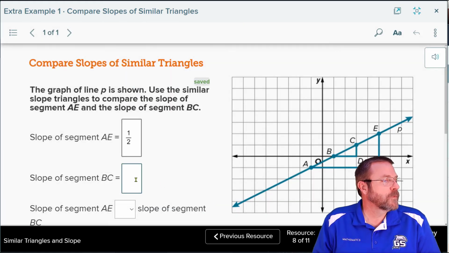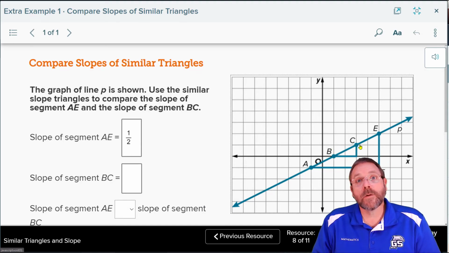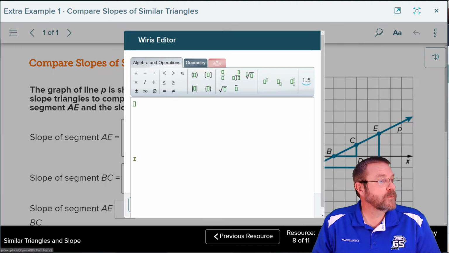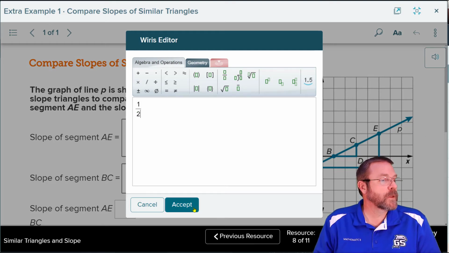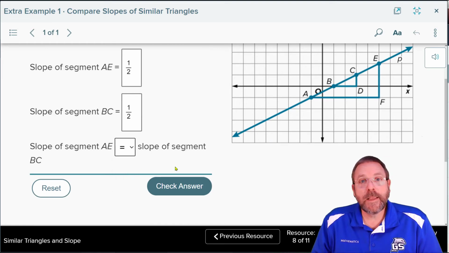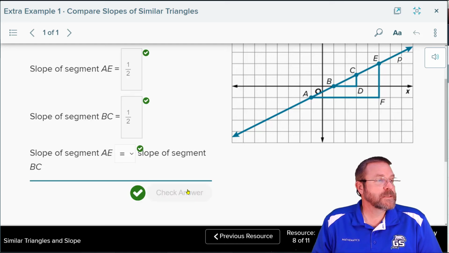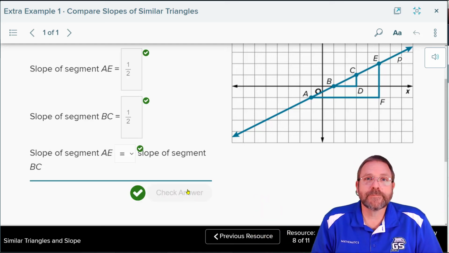The segment BC is going to be a rise of 1 and a run of 2, so you get the same slope of 1/2. Therefore, the slope of segment AE is equal to segment BC. They're both going to simplify to have a slope of just 1/2.